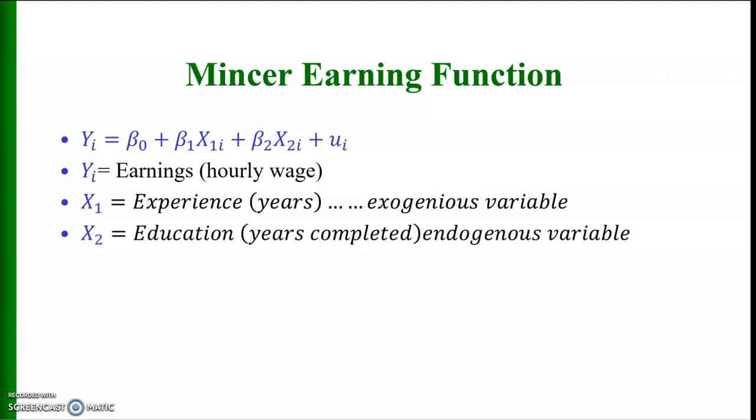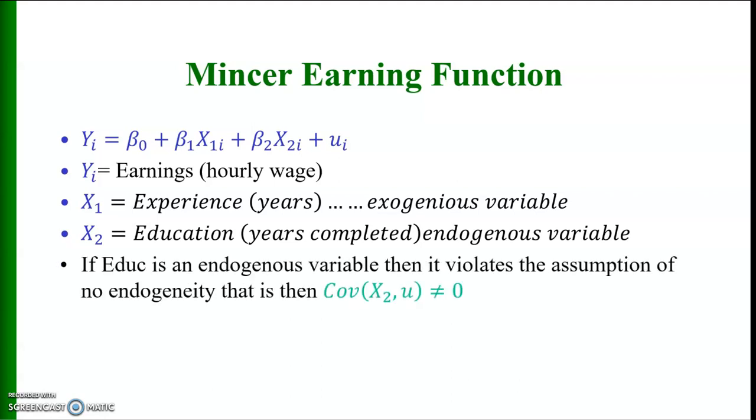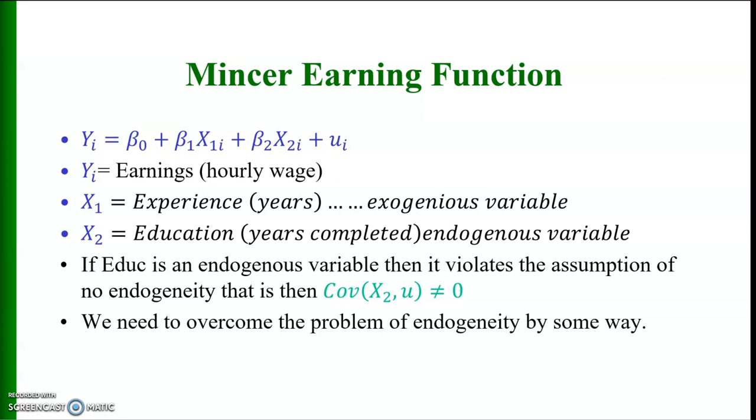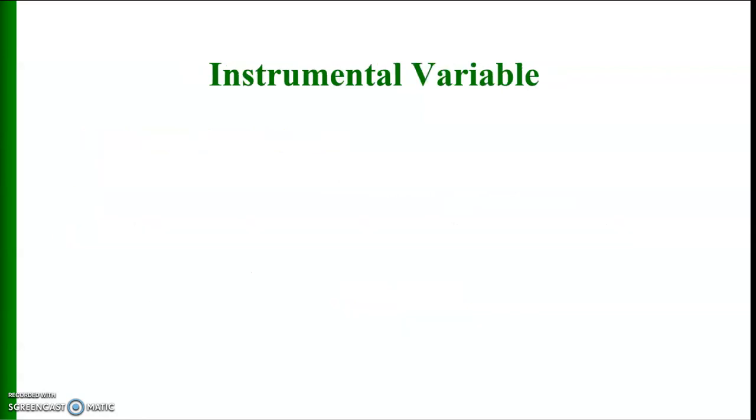X2 is years of education completed, but this is an endogenous variable. This is not exogenous in this model. If this is endogenous, then it violates the assumption of no endogeneity. That is, the covariance between x2 and the stochastic error term is not equal to 0. So we need to overcome this problem of endogeneity somehow.